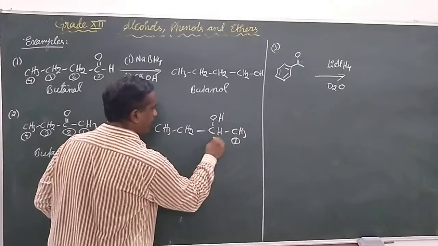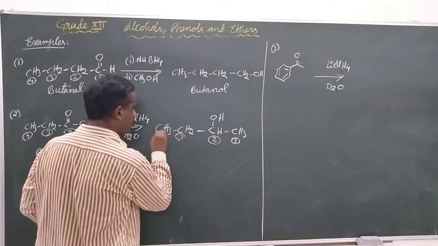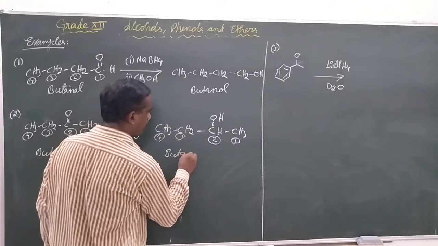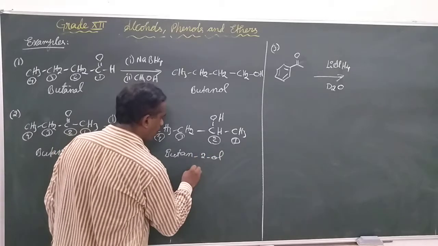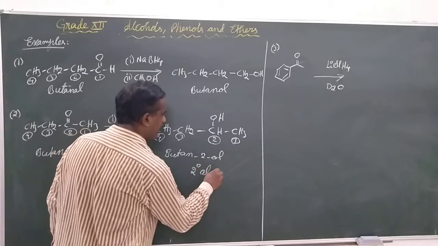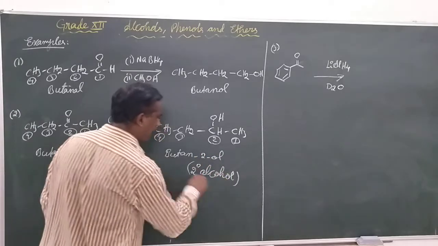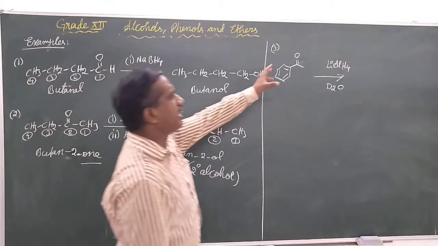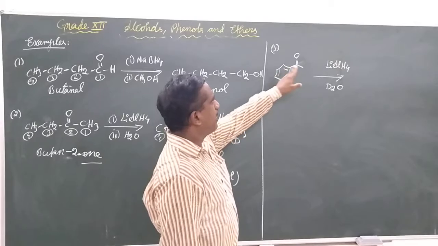So shall we give numbering for this one? We call it butan-2-ol. This is a secondary alcohol. Good. Let us take our third example.